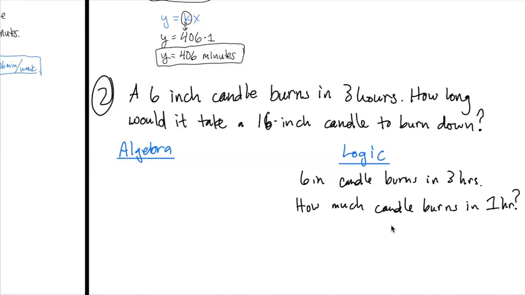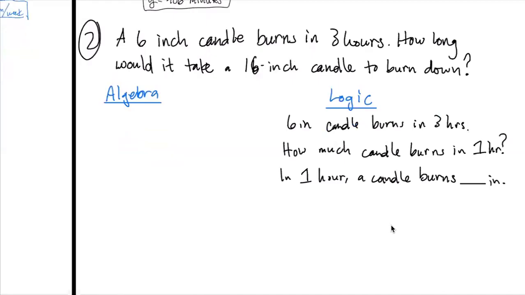Because if I can figure out 1 hour, then I can tell you in 2 hours, and 3 hours, and 4 hours. So in 1 hour, a candle burns blank inches. I'm going to write down that sentence and we're going to fill that in. That "in" means inches. So let's figure that out.